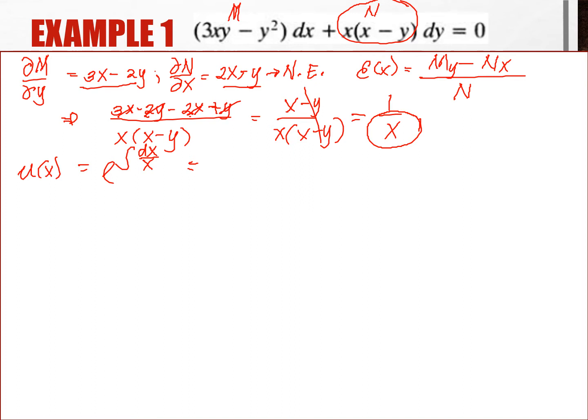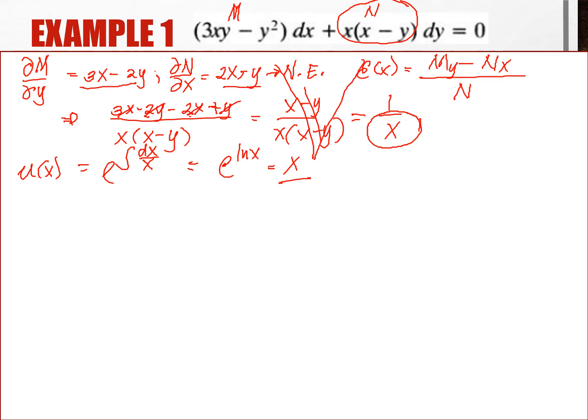If both x and y exist in this area, it is hard for you to derive that. So take note, case one is possible, so we have e to the ln x, which is equal to x. So this x is your integrating factor, and you have to multiply that and distribute it.